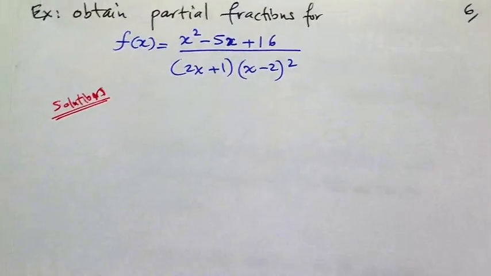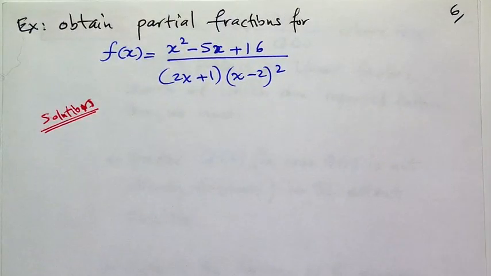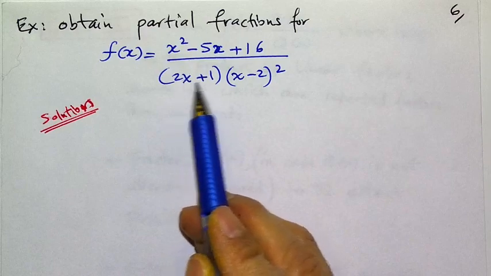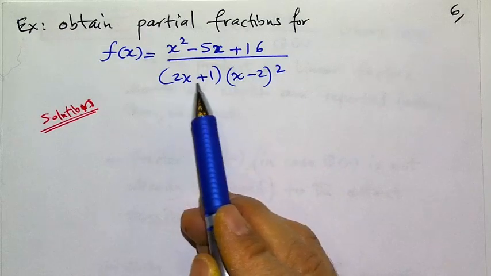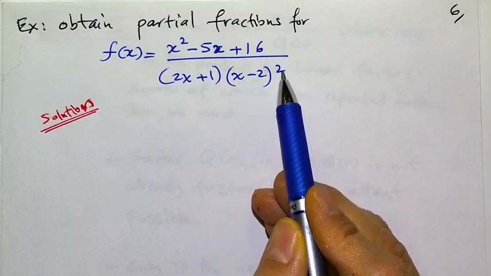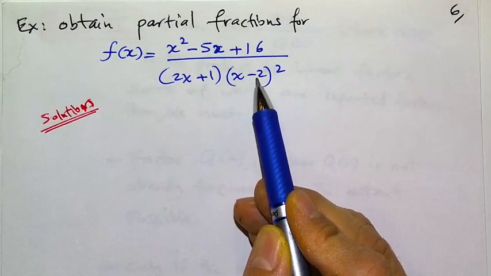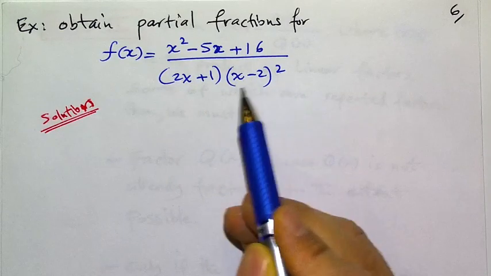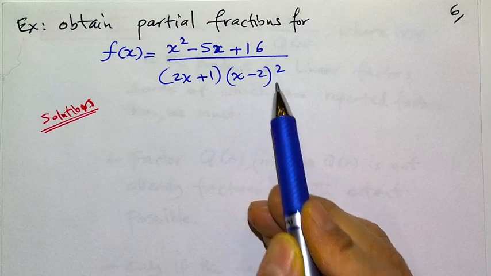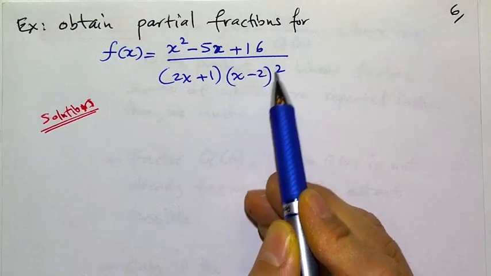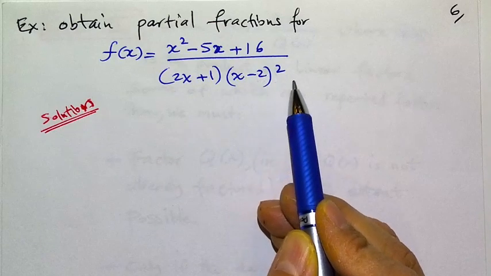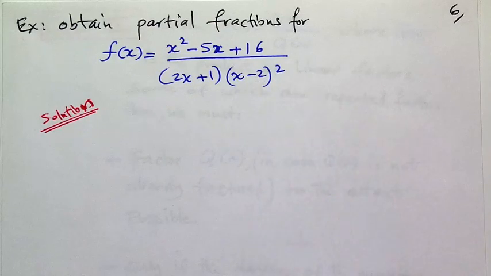This is the example we're going to do for case 2. Notice that we have a linear factor here and a linear factor here, x minus 2, 2x plus 1. But this one is repeated, right? Because you have x minus 2 squared. That means x minus 2 times x minus 2. If you expand x minus 2 squared, it's x minus 2 times x minus 2. So it's a repeated factor. That's case 2.